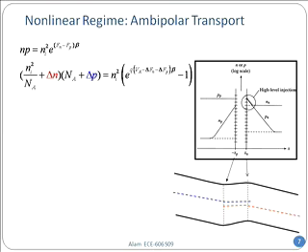But if you have biased the junction so much that you are pumping a huge amount of electrons over the barrier, and in order to compensate that huge amount of minority carrier influx, a huge amount of majority carrier is also flowing in the device, right? In that case, what will happen, and that's the plot that is shown here on the right-hand side, you can see that nn is equal to Nd, and np is equal to Na, and the carriers have been injected at such a high level that both of them are now majority carriers, in fact, higher than the doping density.